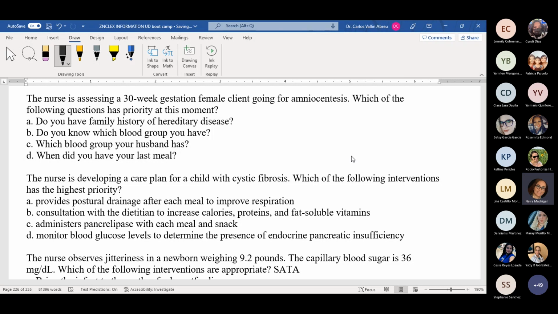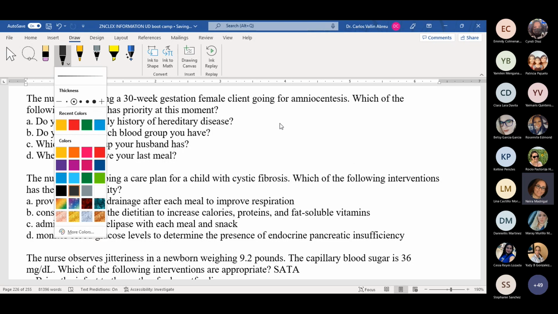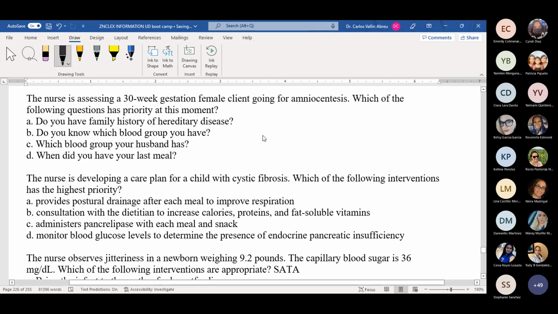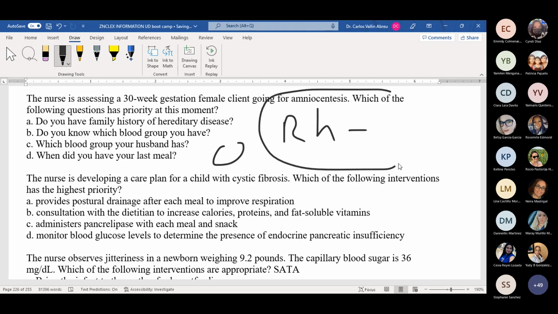Because maybe she has Rh negative. Yes, negative for the Rogan. And what happens if she is Rh negative? It's going to require Rogan, because Rogan is given to any Rh negative woman who is also Coombs negative, okay?